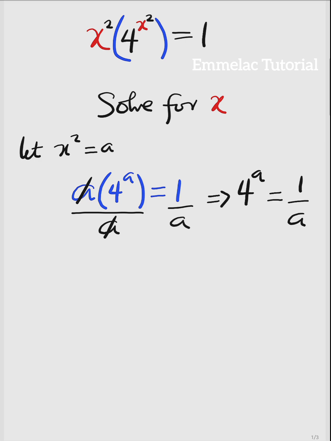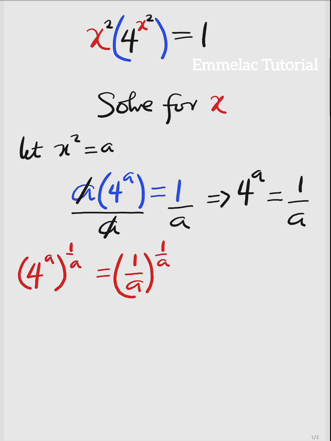All we need to do is raise both sides of this equation to the reciprocal of a. So this becomes 4 raised to a, all raised to the reciprocal of a, equals 1 over a all raised to the reciprocal of a.